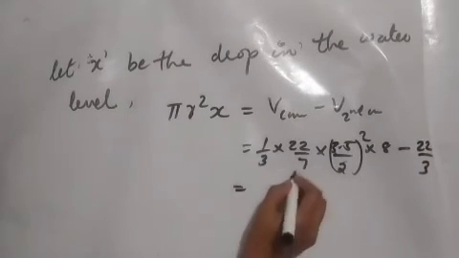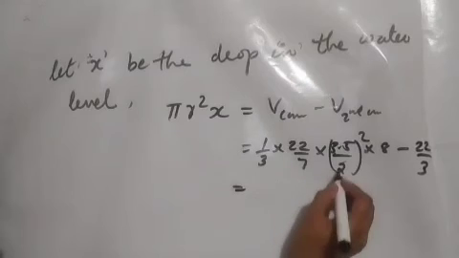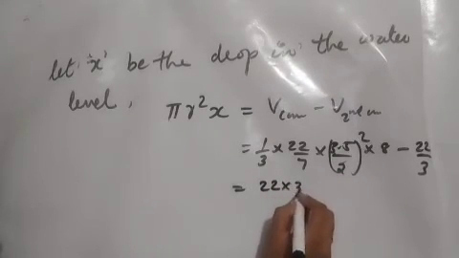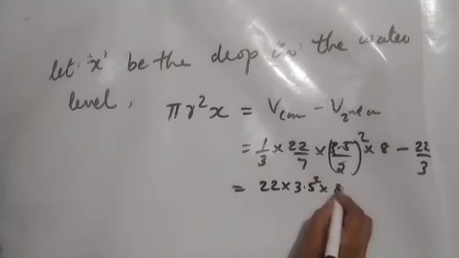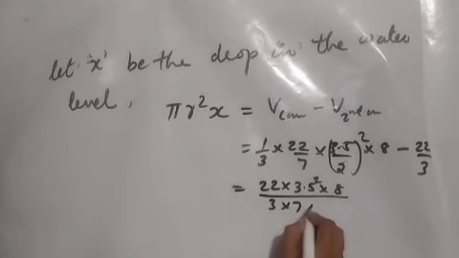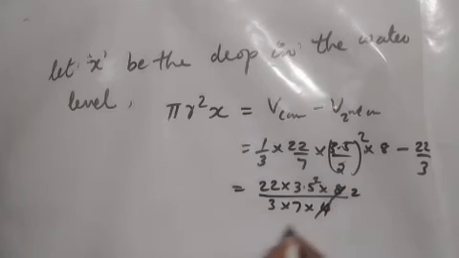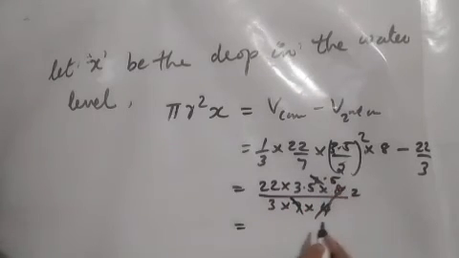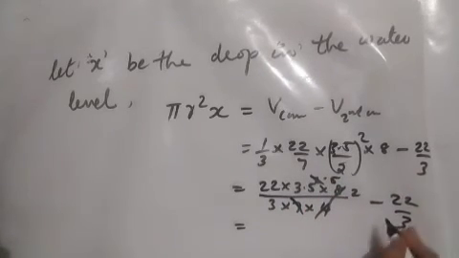Okay. So we can cancel this, 2 2s are 4. 22 into 3.5 square into 8, 3 into 7 into 4. 2 is here. And 7 and 1 3.5 cancel. 0.5 we will obtain, minus 22 by 3.